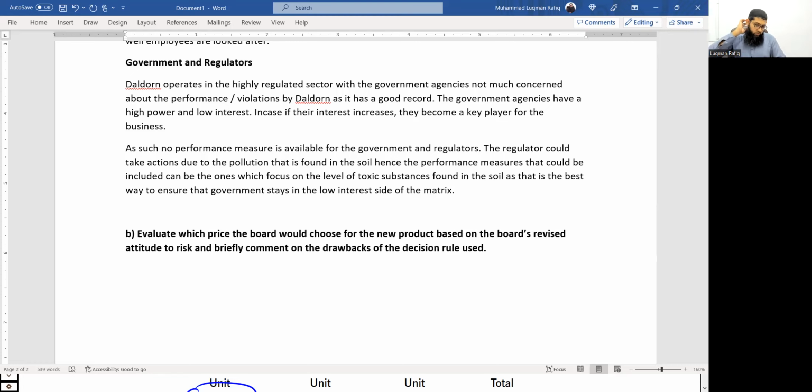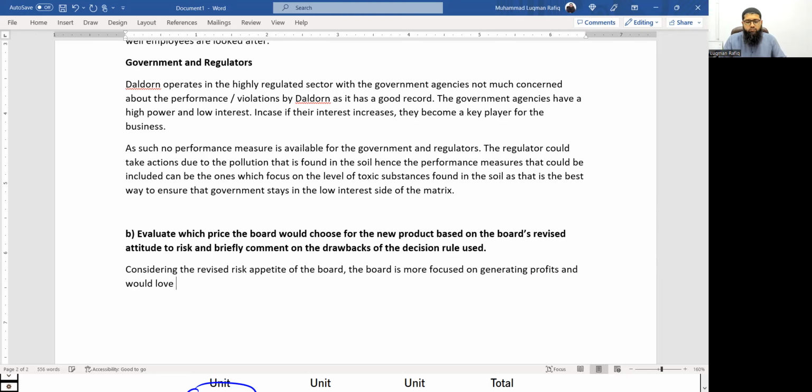So considering the revised risk appetite of the board, which is more focused on generating profits and would love to maximize the profits, the decision rule that the board would like to opt for is the maximax rule.